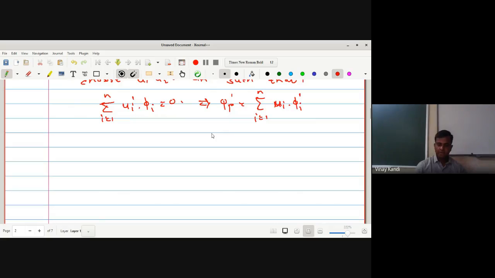Okay, now again differentiate with respect to x. Again differentiate this equation with respect to x. So we get psi p double dash is equal to summation i running from 1 to n of ui dash into phi i dash, plus summation i running from 1 to n of ui into phi i double dash.